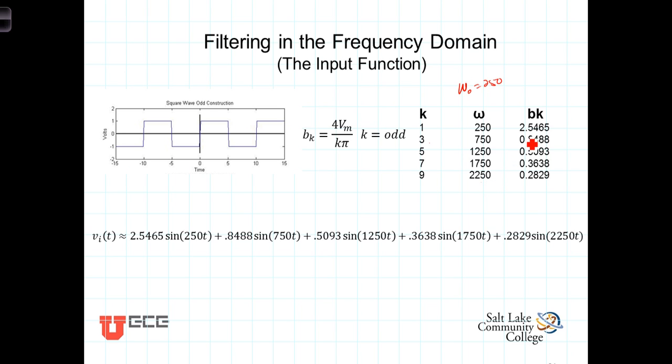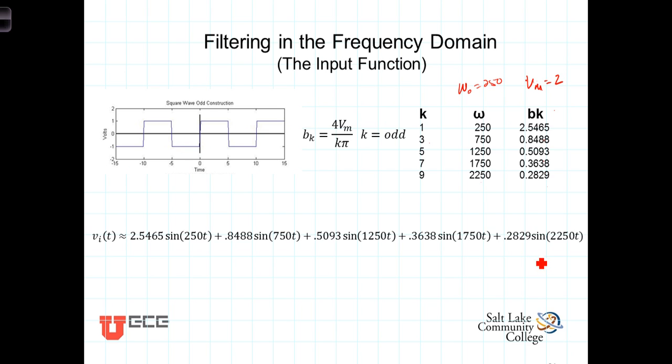At those component numbers, k equals 1, 3, 5, 7, and 9, b sub k is equal to these values for a v sub m equaling 2 volts. Thus, at the input, we can approximate this square wave, and it's only an approximation.